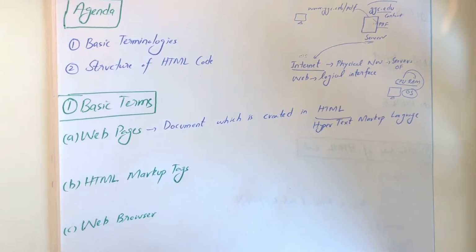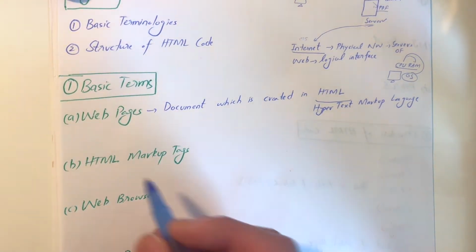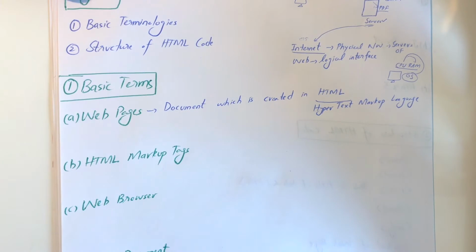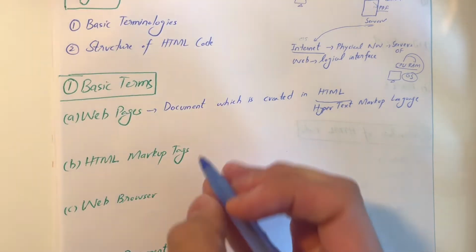The most important thing of HTML code is what we call HTML markup tags. Please remember, HTML is nothing but just a bunch of tags. In fact, what is a tag?